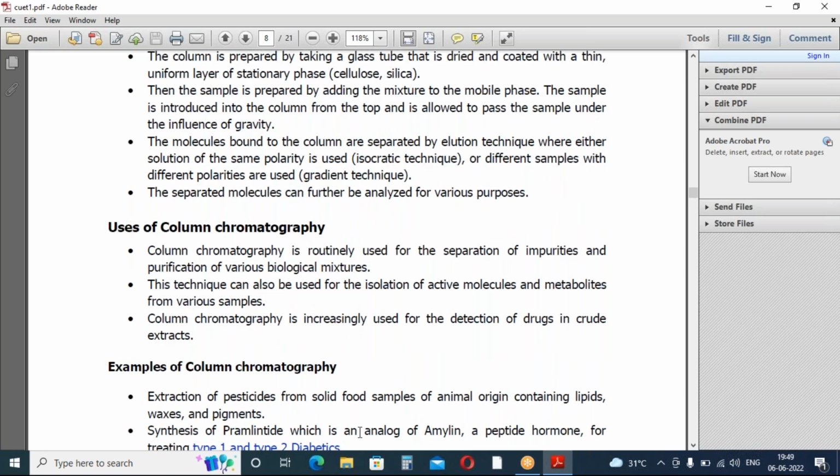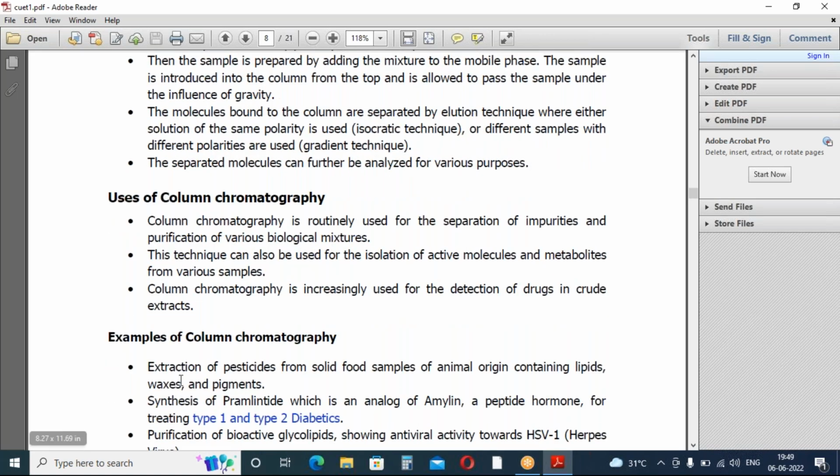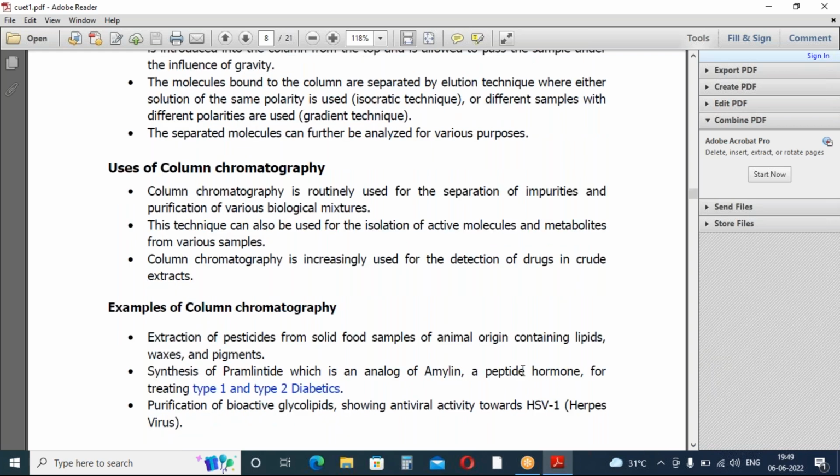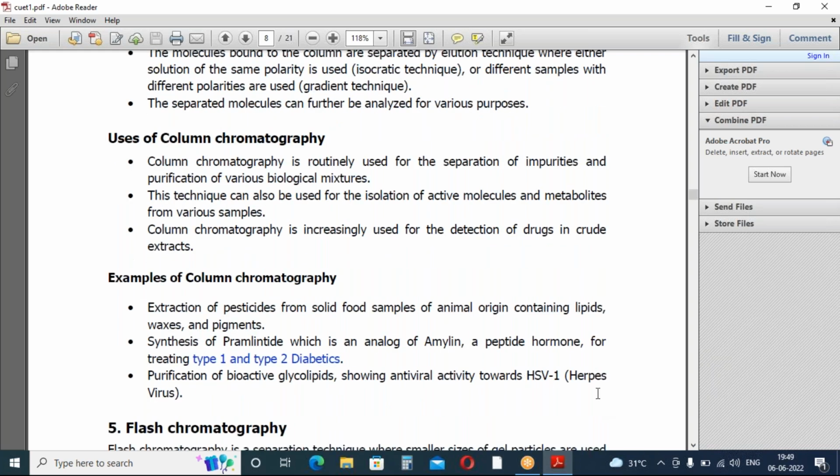And what are the examples of column chromatography? This is mainly used for the extraction of pesticides from solid samples of animal origin containing lipids, waxes, and pigments. It is also used for the synthesis of different peptide analogs, hormonal analogs, mainly the synthesis of pramlintide, which is an analog of amylin, a type of peptide hormone used for treating diabetes, and also for the purification of bioactive glycolipids that show antiviral activity towards the herpes simplex virus.